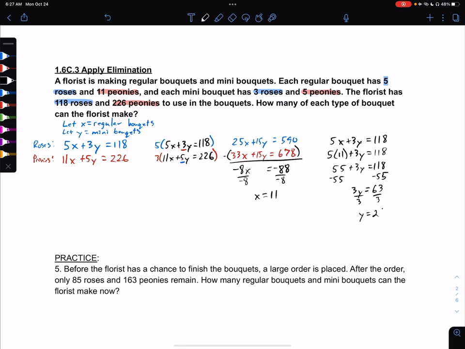So y would be equal to 21. So how many types of bouquets can we make? Well, x are the regular bouquets, so we can make 11 regular, and we can make 21 mini.